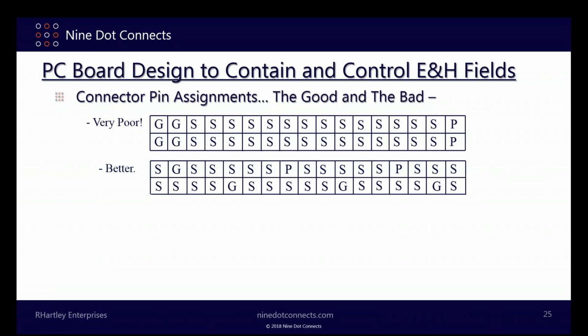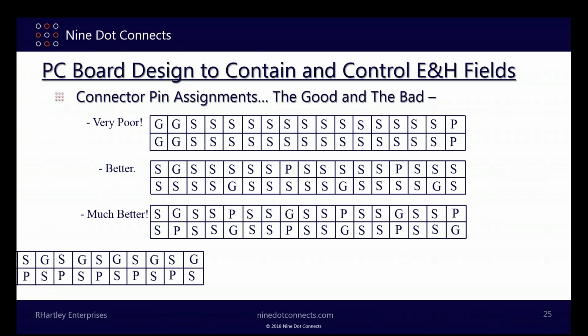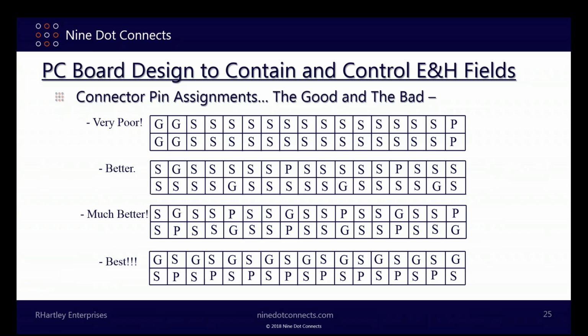If you can afford to increase pin count, then this is better still, because now every signal pin is referencing both power and ground. And even better still is this arrangement, where we have a seesaw mechanism of the signals and a seesaw mechanism of power and ground. Why does that help? Because we're reversing fields from one side to the other, which is like putting 2 magnets side by side.